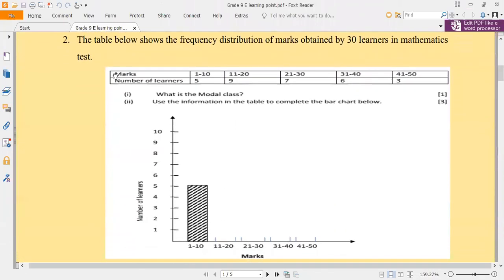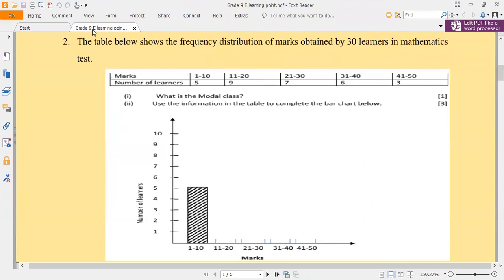The second question says, the table below shows the frequency distribution of the marks that are obtained by 30 learners. So the total number of learners that sat for a test in mathematics was 30. We can even see that these are the numbers of learners indicated right over here, and these are the marks in that slot.